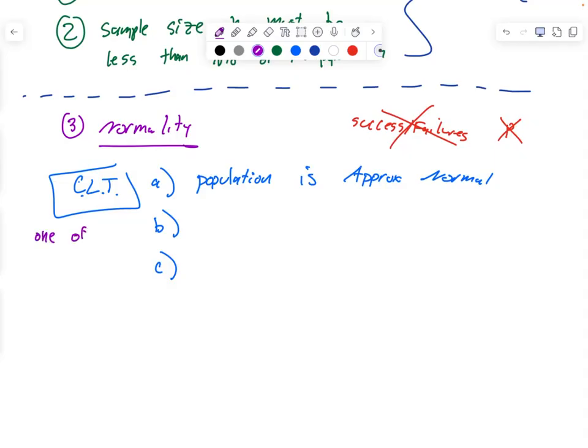One of these 3 must be true. It's not all 3 of them, okay? One of these 3 must be true. In yesterday's problem, it's approximately normal.